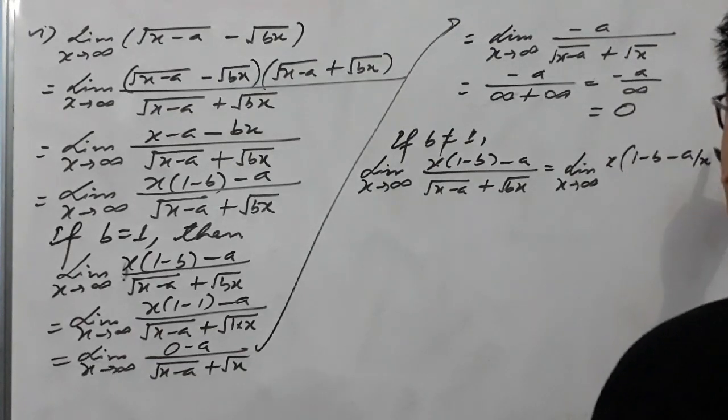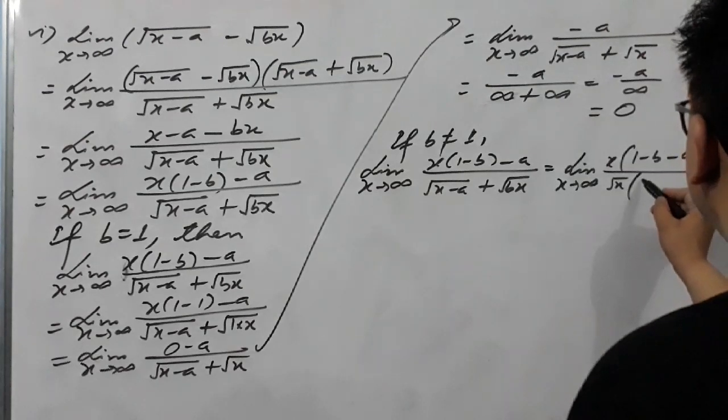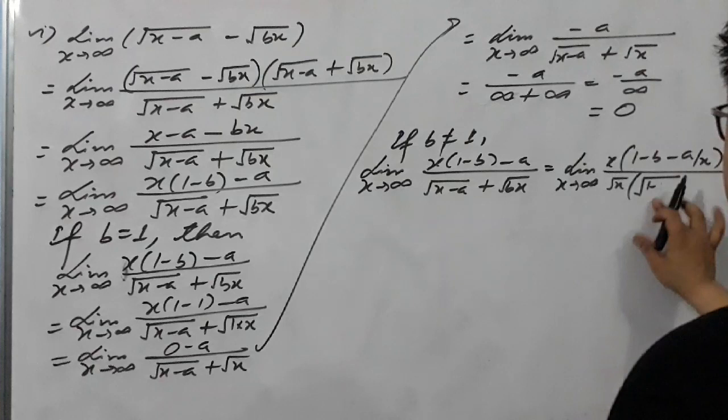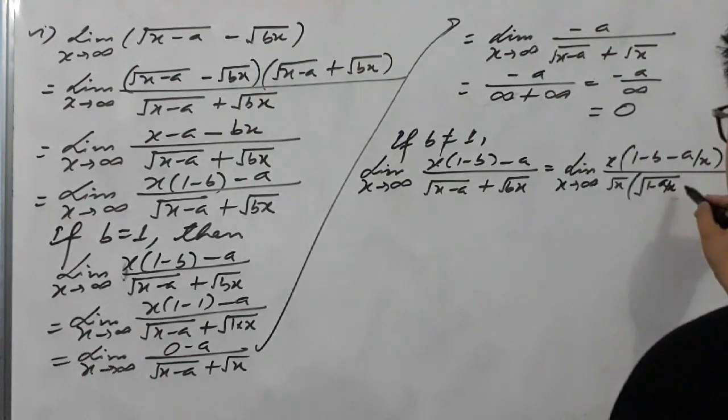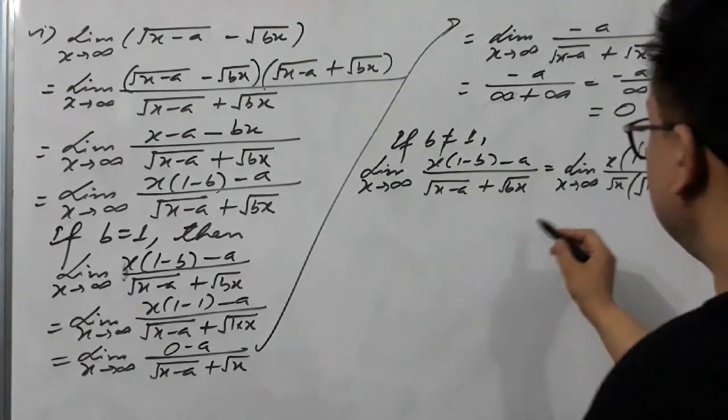In the numerator, x common gives (1 minus b) minus a over x. In the denominator, root x common, and inside the root 1 minus a upon x, as I told you already, a upon x within the root, plus b.